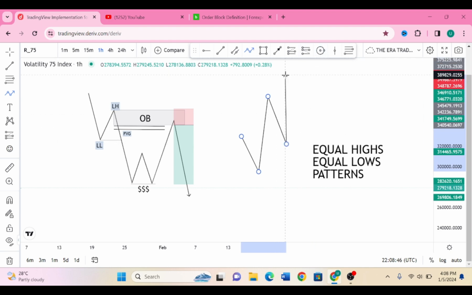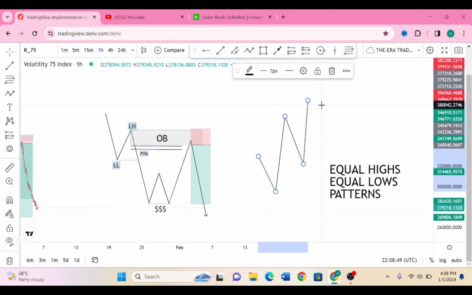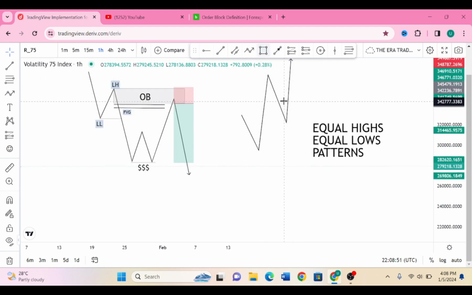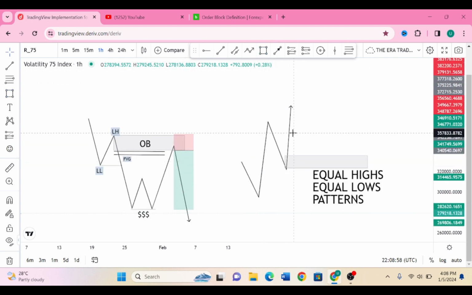The last candle in this region before the break of structure to the upside is the order block. I'll be doing a whole video on order blocks very soon, but just understand this: the last buy candle for a bearish order block, and for a bullish order block the last candle after the move. So after this break you mark out and all that.